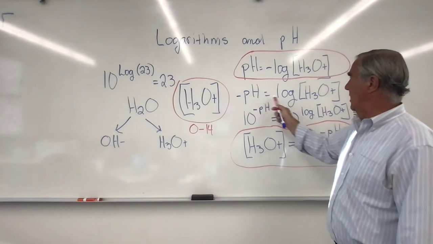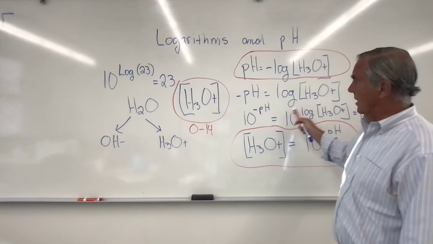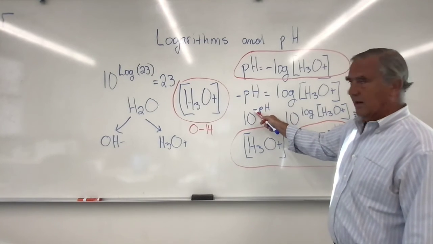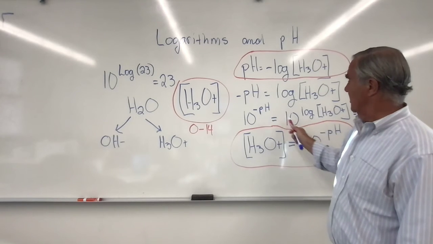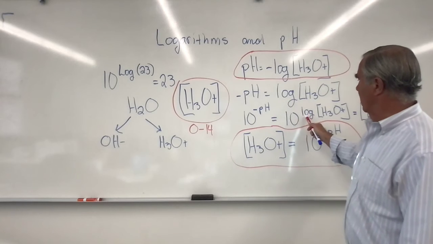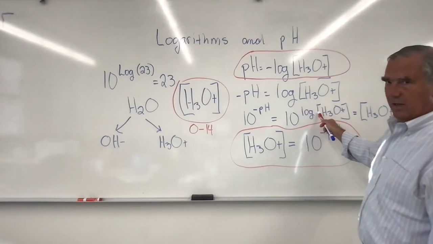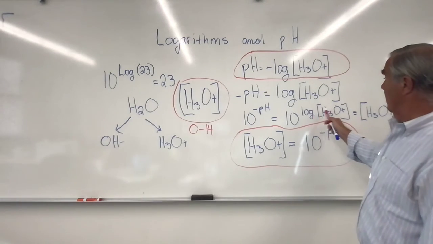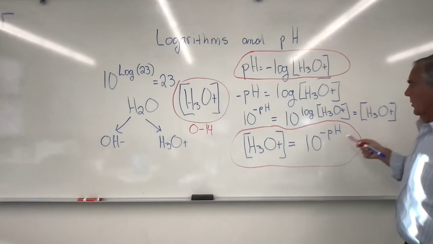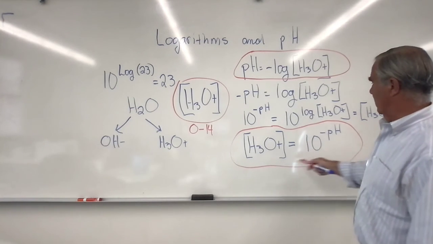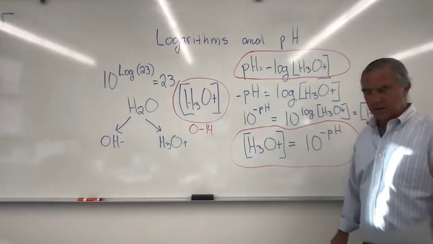So minus pH is equal to the log of the hydronium ion concentration. 10 to the power of negative pH is equal to 10 to the power of the log of the hydronium ion concentration. 10 raised to the power of the base 10 logarithm of something is that something. So we have the hydronium ion concentration is equal to 10 raised to the power of the negative pH.